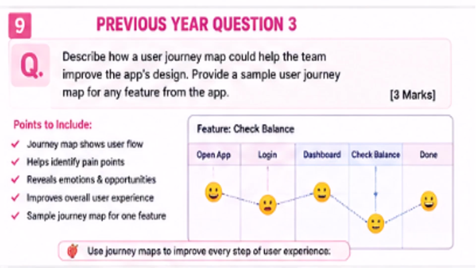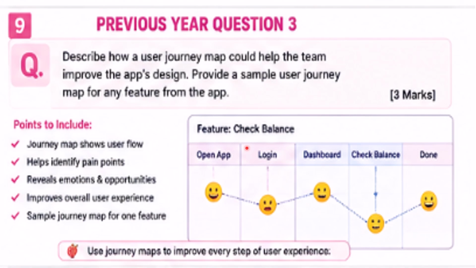And the next question. User journey maps help teams understand how users interact with the product step by step. We have to describe how the user journey map could help the team improve the app's design, and provide a sample journey map for any feature from the app. They reveal emotional highs and lows, identify pain points, and highlight improvement opportunities.